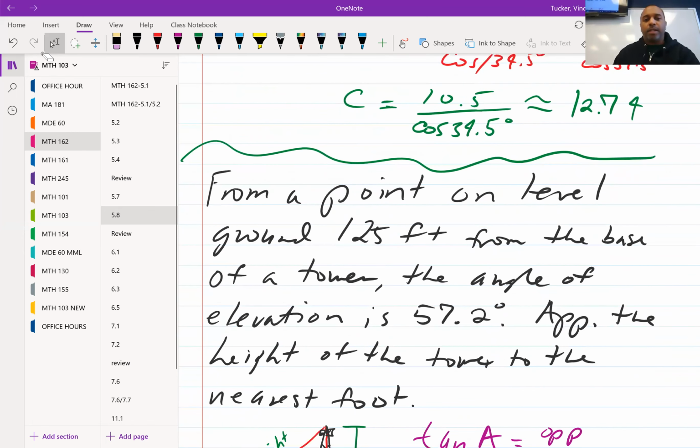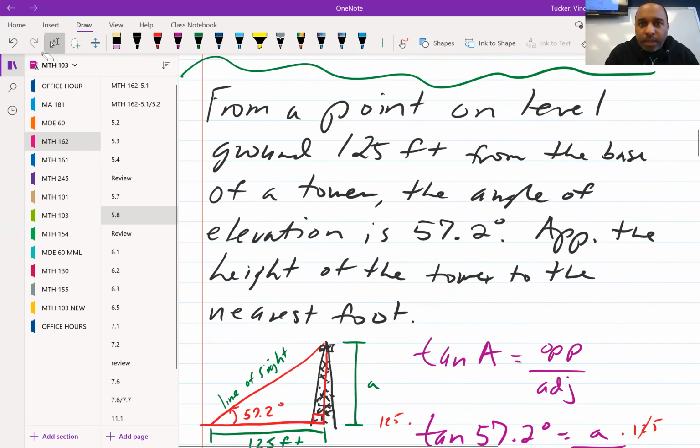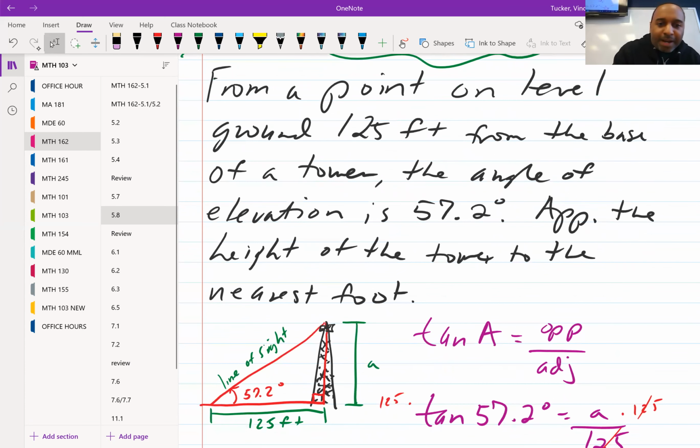All right, I'll give you a chance to copy this down before I get into it. And that's my attempt at drawing this diagram out. For the most part, they give you the diagram.